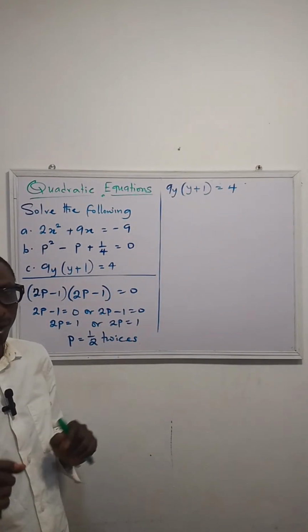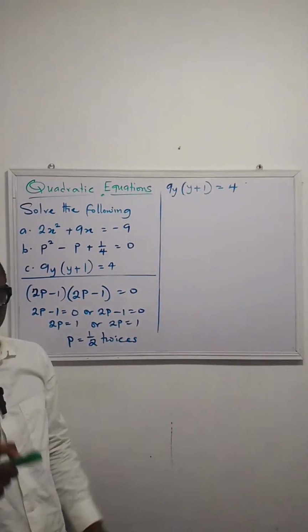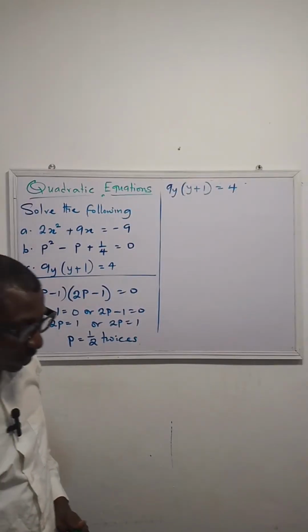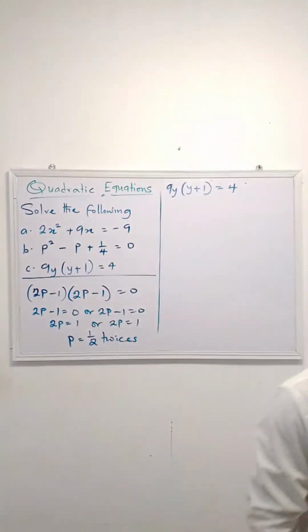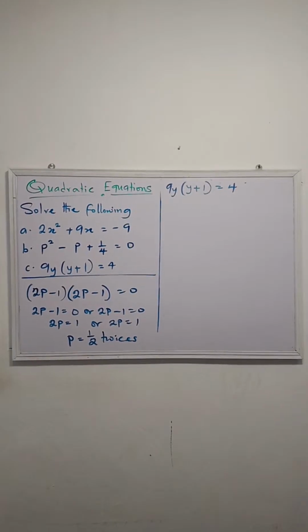I want you to identify the sum and the product of this for me. Drop your answer in the comment section. Let's see those that will be able to give me that. What is the sum and product of 9y times y plus 1 equals 4?